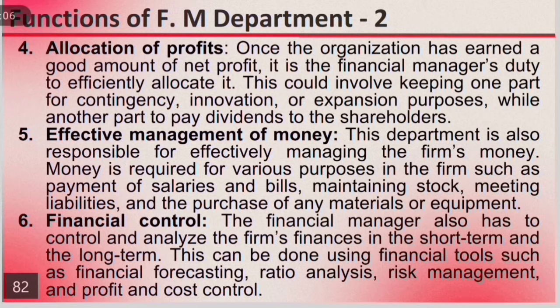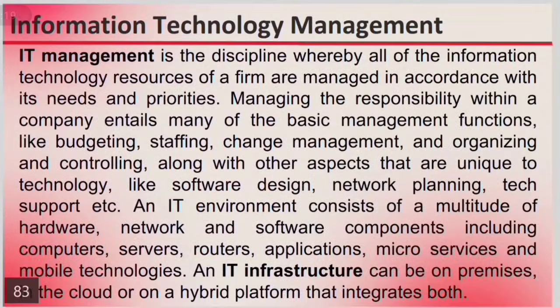Money is required for various purposes in the firm, such as payment of salaries and bills, maintaining stock, meeting liabilities, and the purchase of any materials or equipment. Number 6. Financial control. The financial manager also has to control and analyze the firm's finances in the short term and the long term. This can be done using financial tools such as financial forecasting, ratio analysis, risk management, and profit and cost control.